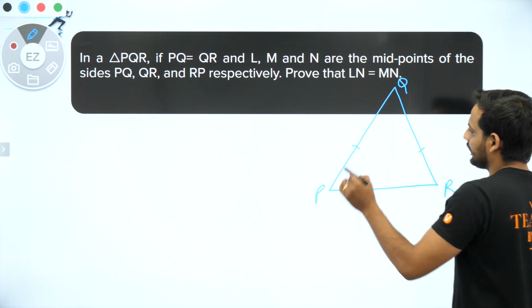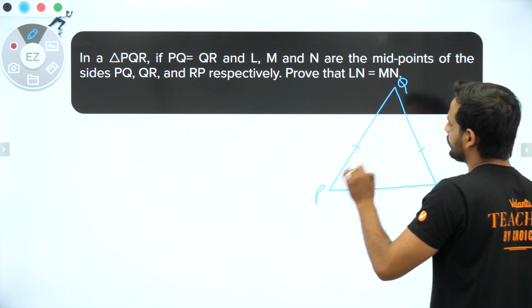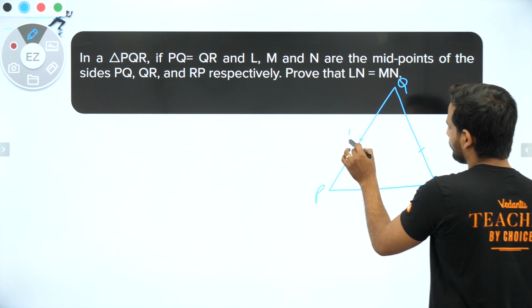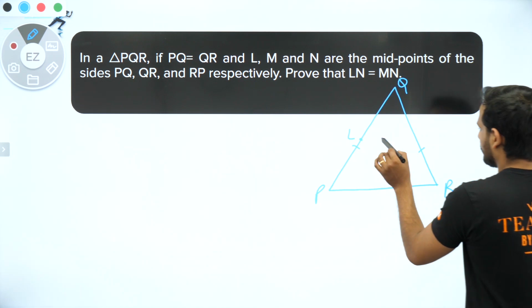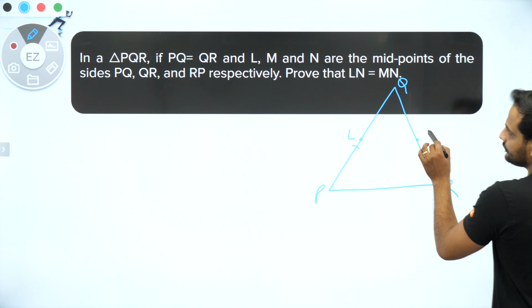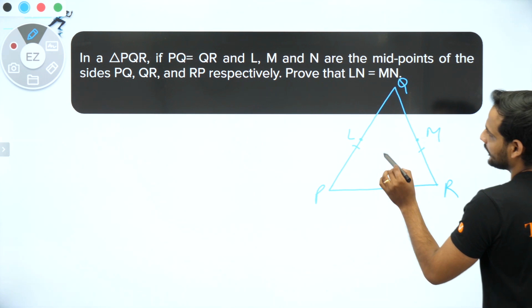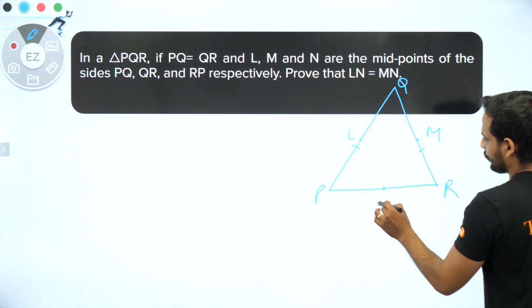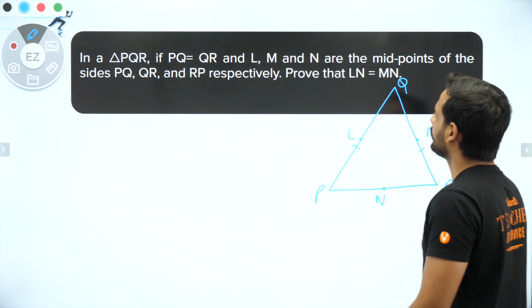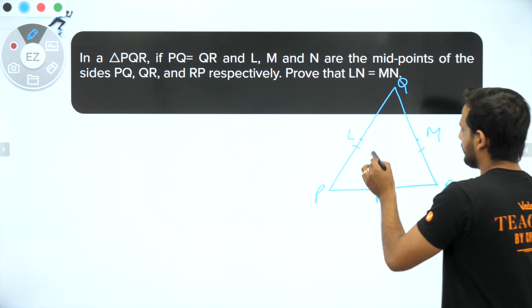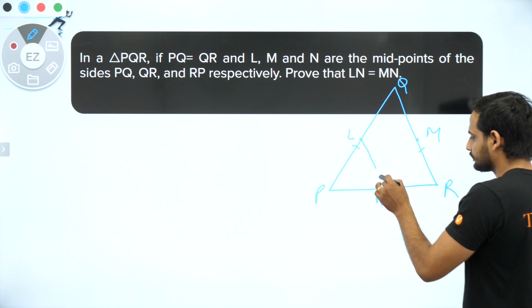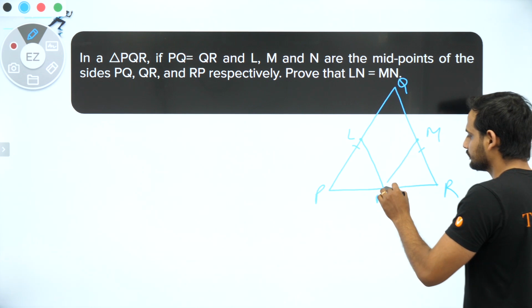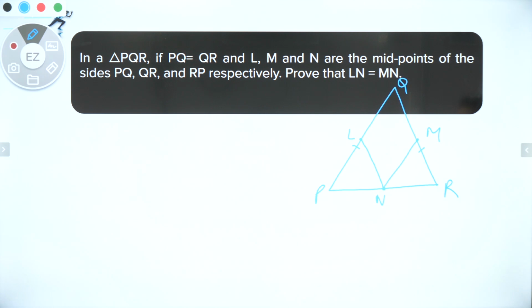So L is the midpoint of PQ, M is the midpoint of QR, and N is the midpoint of RP. Now you have to prove that LN is equal to MN. We have to prove that this LN is equal to MN.